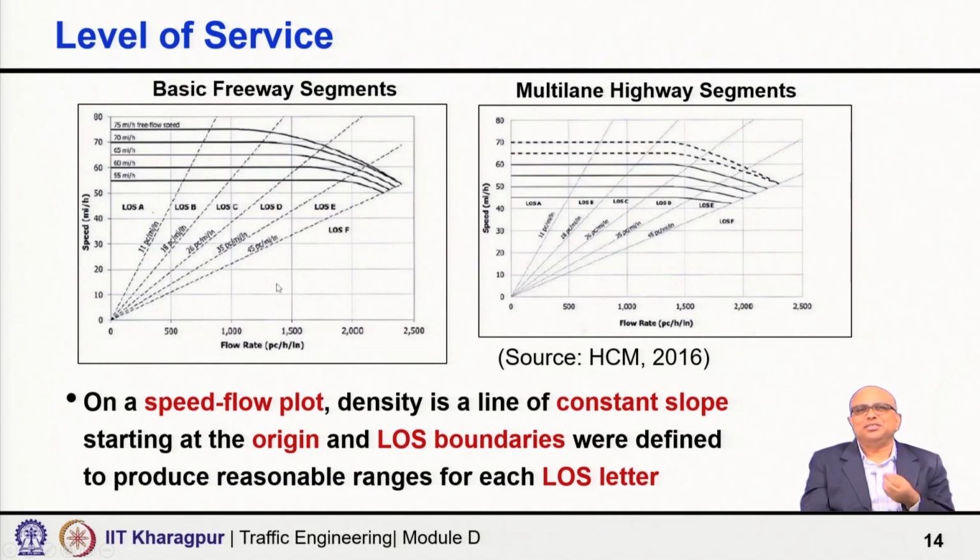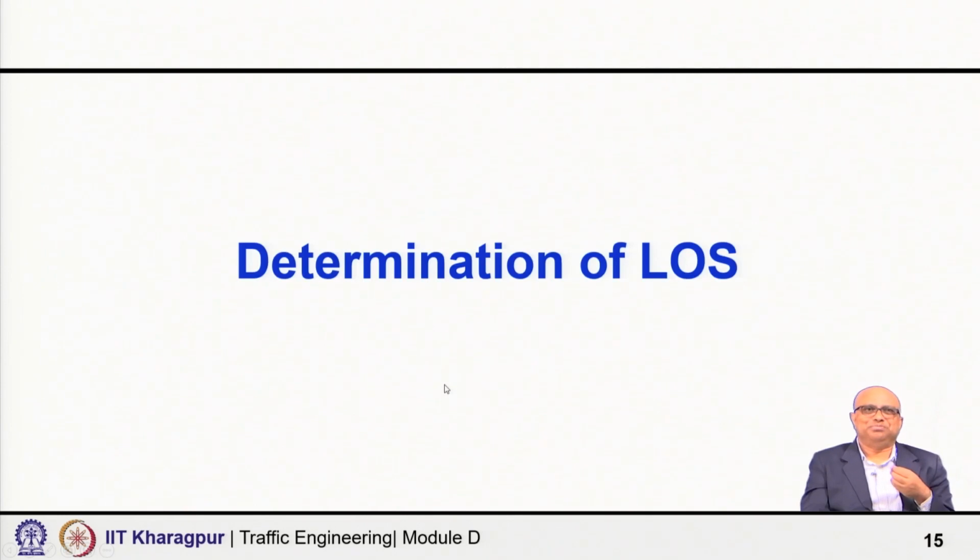That is the way the LOS boundaries can be represented in a speed-flow diagram. On a speed-flow plot, density is a line of constant slope starting at the origin, and LOS boundaries were defined to produce reasonable ranges for each LOS letter, from A to F.